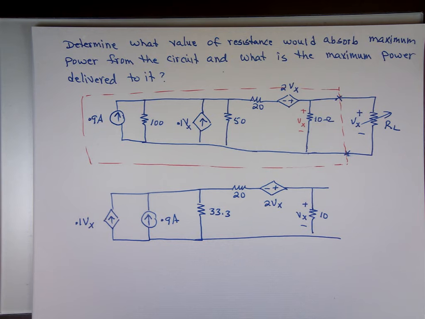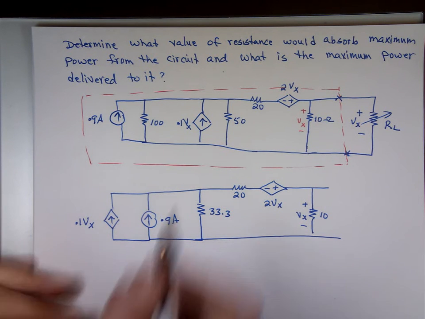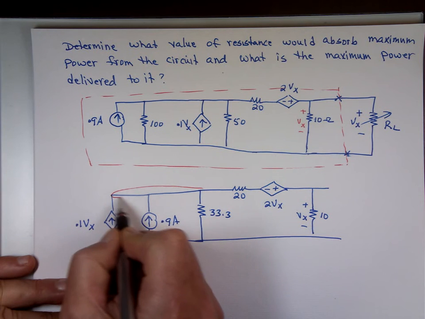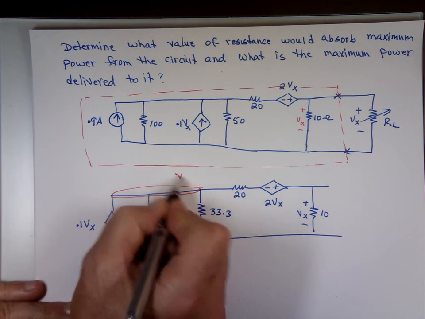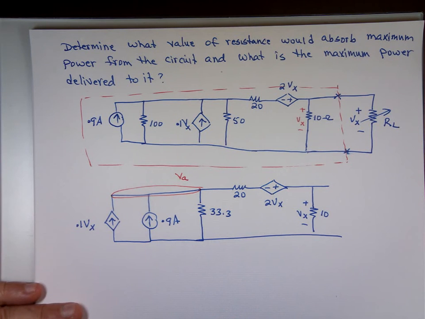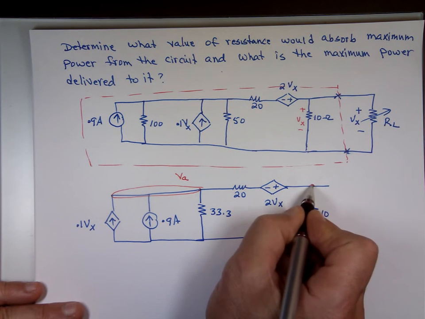Two equations by two unknowns, if you look at it. Does anyone know what the voltage right here is? We call it VA. Do we know what the voltage here is? 2Vx.